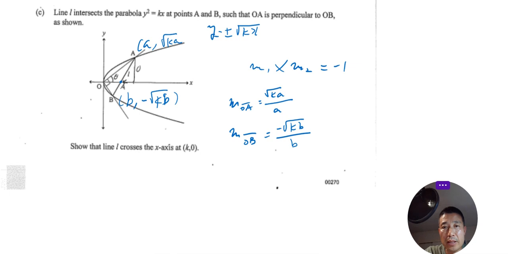When I multiply these, the square root of ka over a times minus the square root of kb over b must be -1, isn't it?